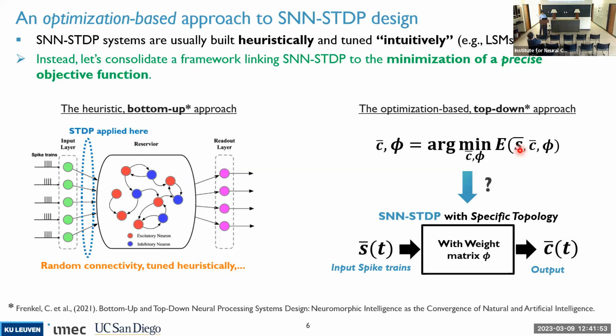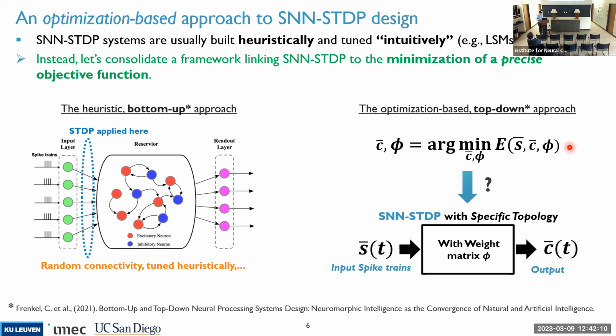This is a very generic kind of formulation, of course. But what we are saying is that we want our SNN STDP system to derive itself from the minimization of a certain optimization problem. And you see that this is top-down rather than bottom-up.